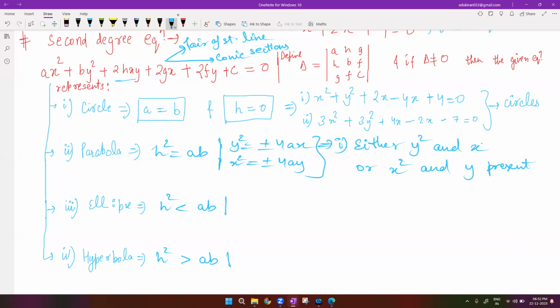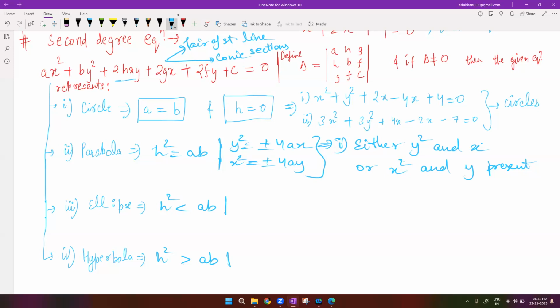Or if x square is involved, then y square won't be involved. One variable will be in 2 degree and one variable will be in 1 degree. That is how you understand that this second degree equation represents a parabola.